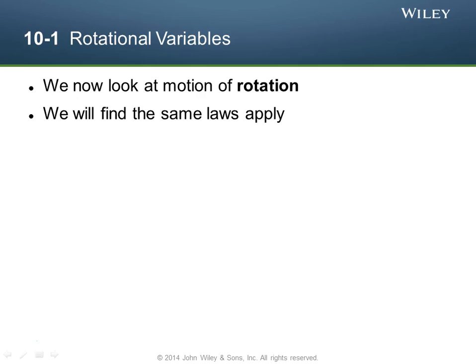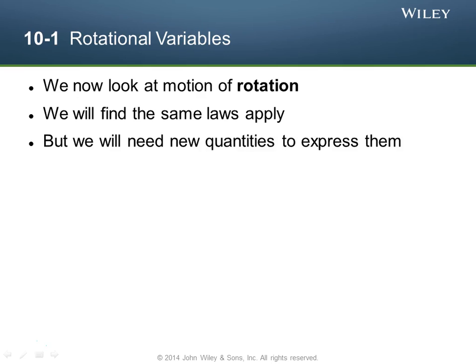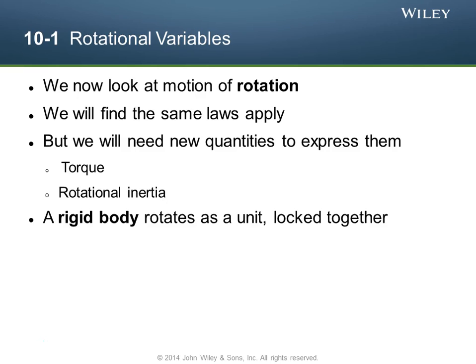We saw this when we first looked at rotation and introduced two new ideas, torque and rotational inertia. These are new ways to express ideas that don't exist in the linear sense, but only in the rotational sense.